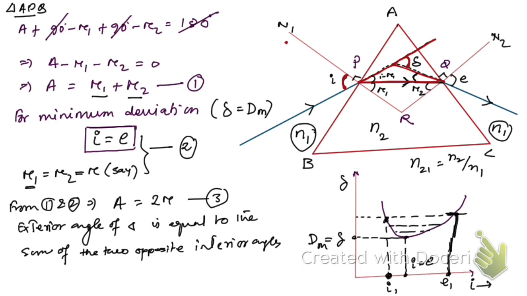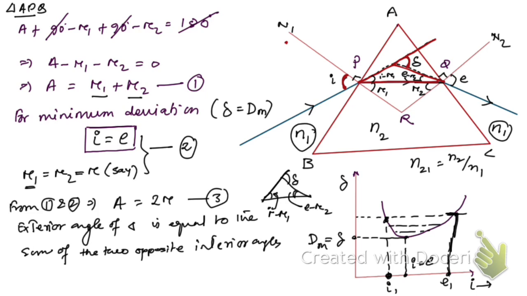So now let me clean this figure. Okay, sorry. So this angle must be E minus R2, right? E minus R2, let me write it. Now, in this triangle that we have got, this is the angle of deviation delta, and this angle is I minus R1, and this angle is E minus R2.